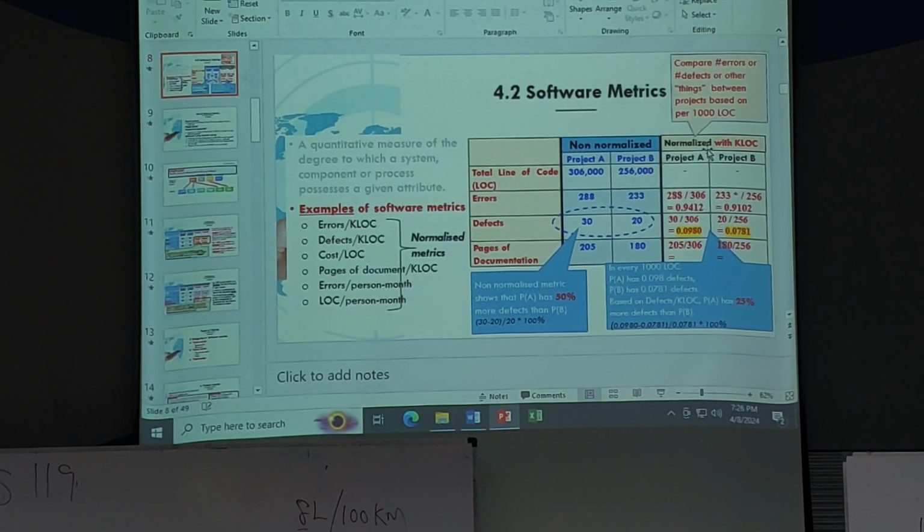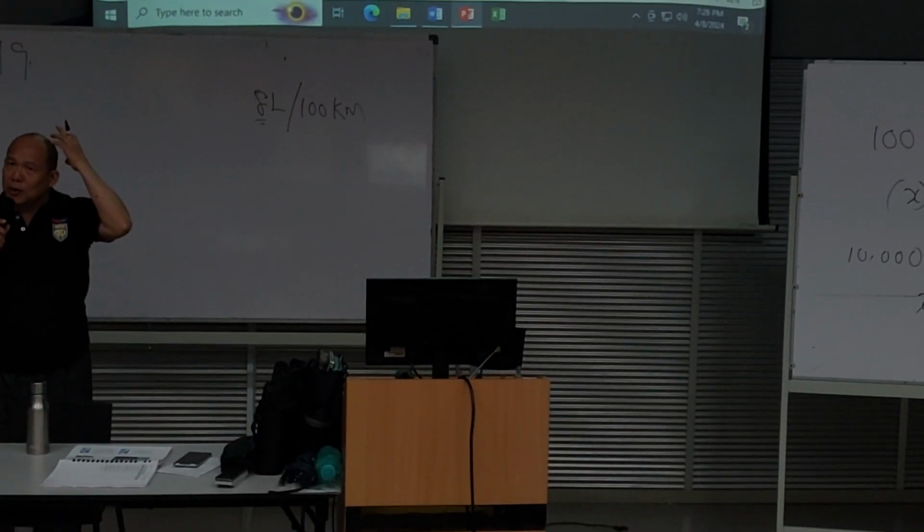Any other metrics that you want to look at before making a purchase decision?